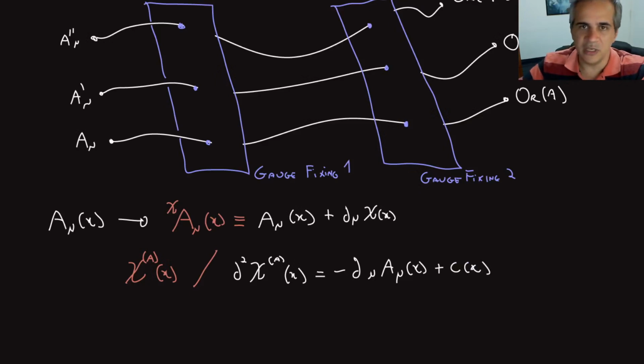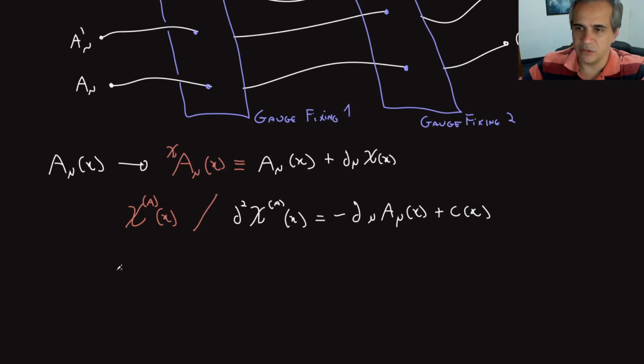It's easy to see that if I take this and substitute here, say I'm calculating now A mu of x with chi_A, I'm using this chi_A here.